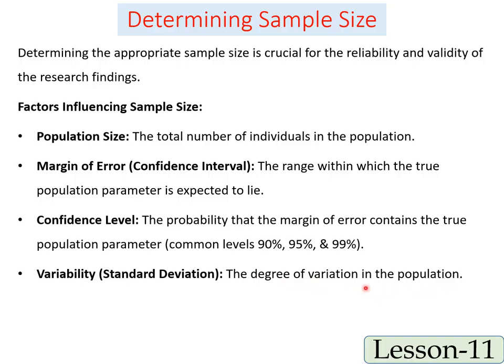If there is a higher degree of variation in the population, we require a higher sample size. If the population is homogeneous, or there is less variability, we require a smaller sample size. Anyway, if you want to know more about how to determine the sample size using examples, you can go to lesson 11 and I will put the link in the description box below.